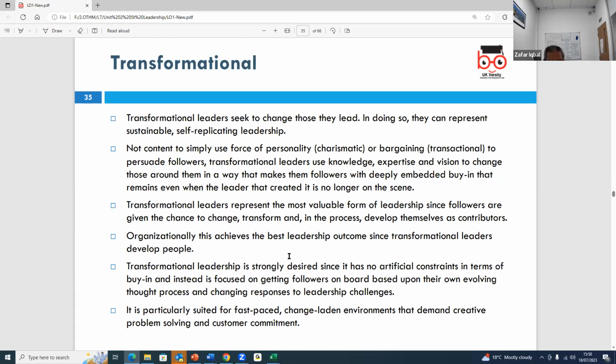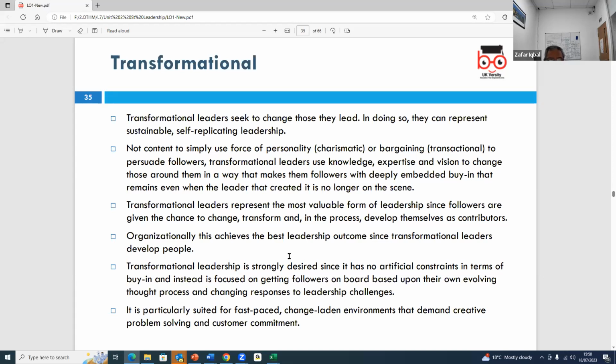Force of personality or bargaining, but they want to make sure that they use knowledge. They want to use their expertise. They try to change the vision of the organization so that people will follow them and remain with them, right?